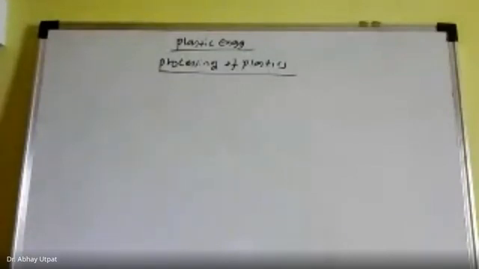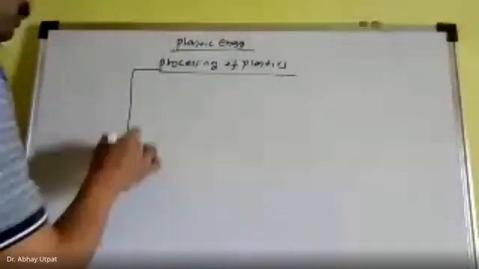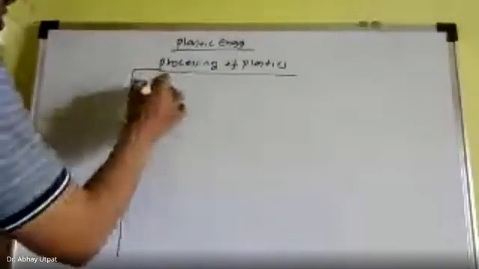That is explained in this chapter. This is the general idea of the chapter, which covers the processes for thermosetting and thermoplastic. So let us see the plastic processes one by one.